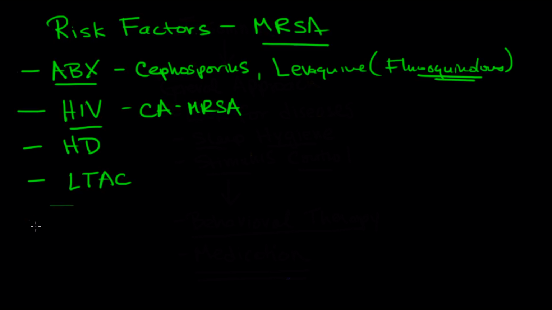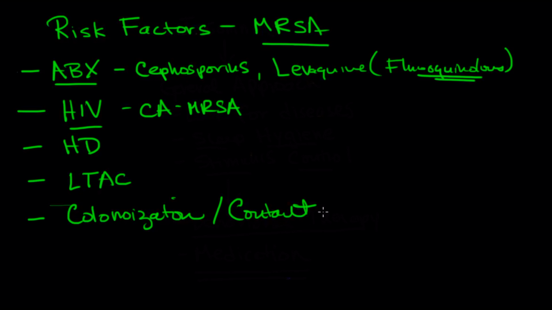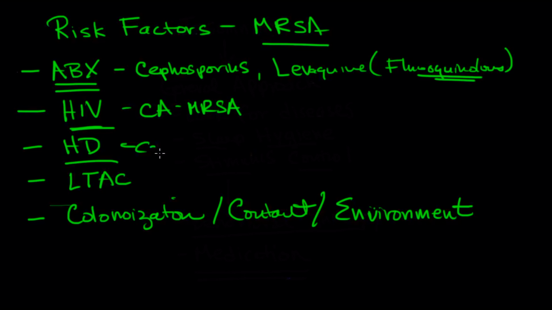Obviously, this is going to be big time if there's colonization or there's contact. In other words, very poor hand washing. And that goes along with the environment. Again, risk factors: antibiotics, HIV, hemodialysis catheters. So catheters, these Quinton catheters, long-term acute care facilities, colonization, contact, environment.